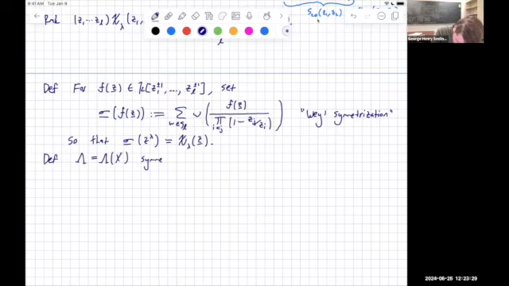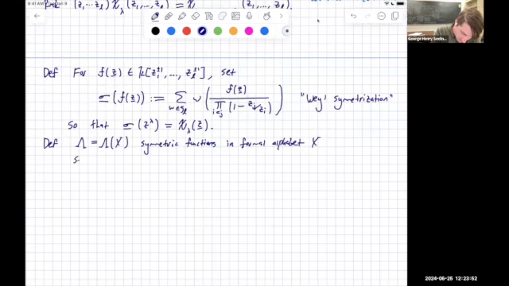So this is symmetric functions in a formal alphabet, let's call it X. If this word is meaningless to you, you can just think symmetric polynomials in an infinite number of variables. But what we want to do is then we'll set this map pol_X.